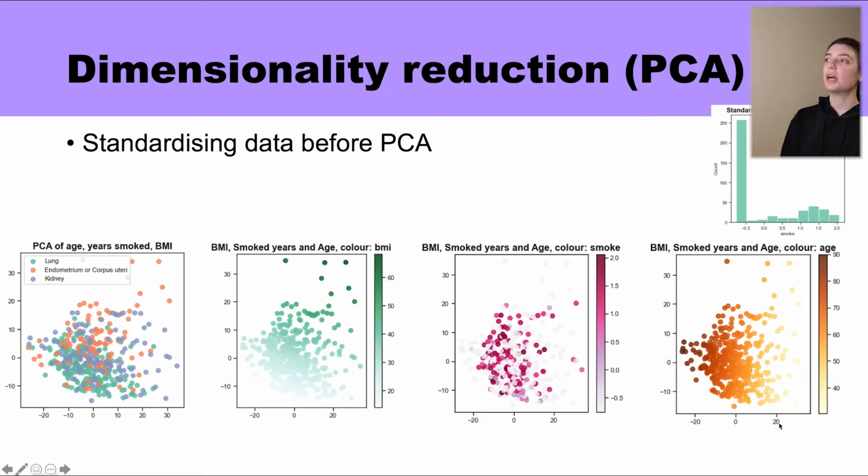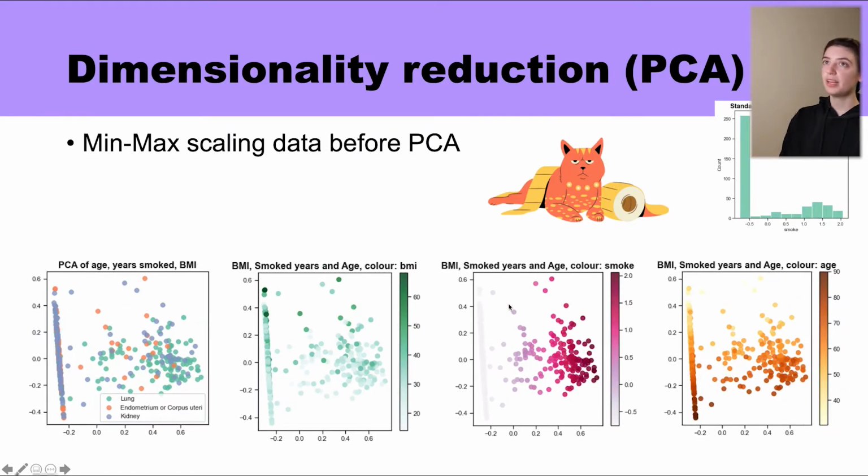And our age has become our PC1, and our years smoked has become less dominant in our principal components. If we instead scaled our data between 0 and 1, we get back to the one we had before, which makes complete sense because it's following the same distribution.